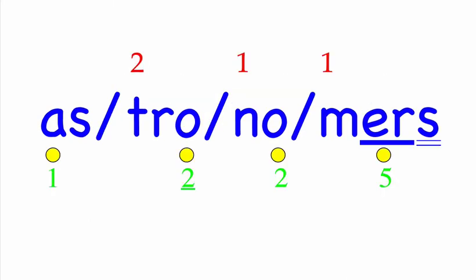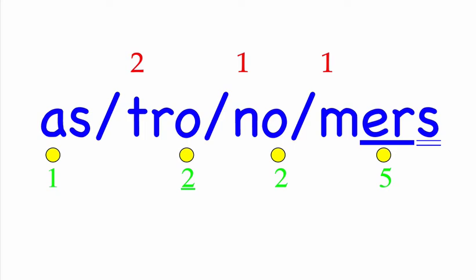No, 2 sounds: n, o. Mers, 3 sounds: m, z. As, tra, no, mers. Mark the word. Astronomers.